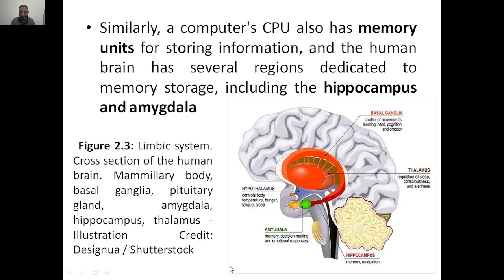Whereas the second one we mentioned is the amygdala. The amygdala is responsible for memory, that I will remember some particular thing, and then decision making. For example, if I want to go somewhere, that needs to be processed and remembered here. Or if I have to decide whether I should take engineering or medical, that decision is made in the amygdala.